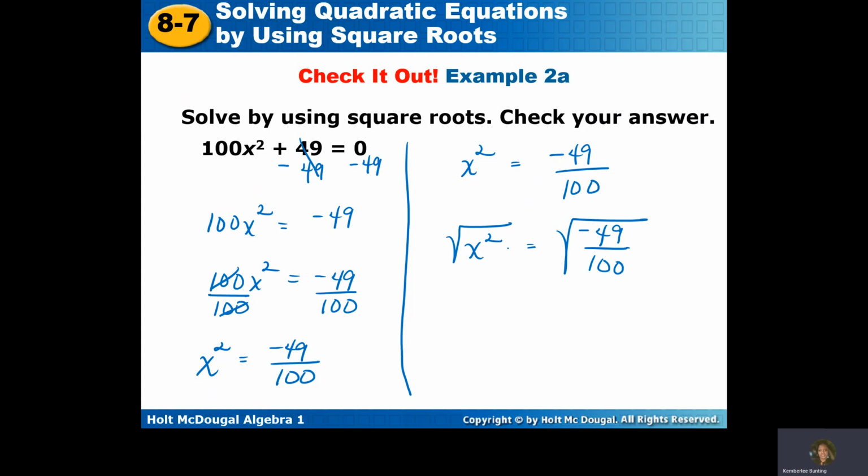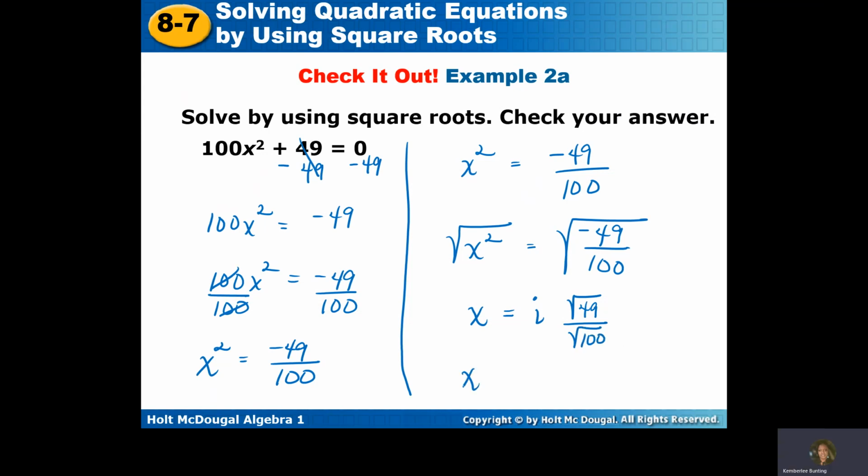Okay. All right, so now the square root symbol dissolves the squared symbol, so I'm left with x being equal to what? Now, what's going on? I got this negative symbol underneath the radical. I'm going to go ahead and pull out the i, okay? And then I know that I have the square root of 49 over the square root of 100.